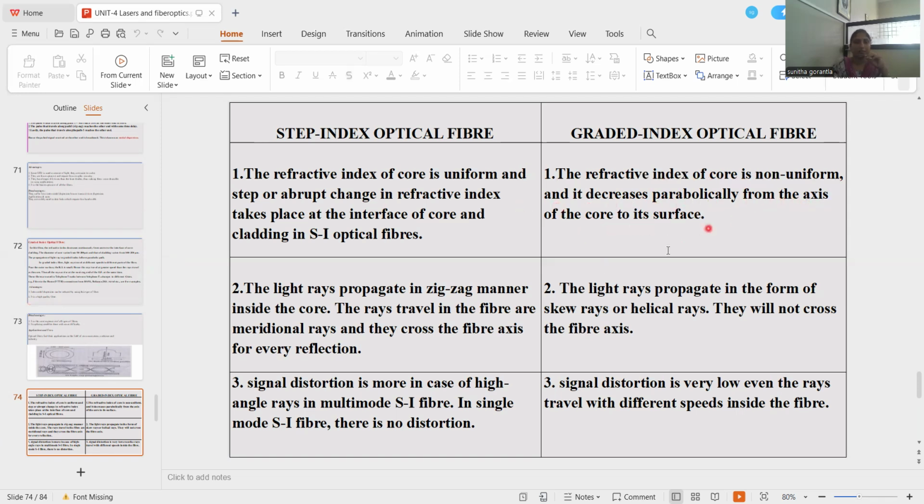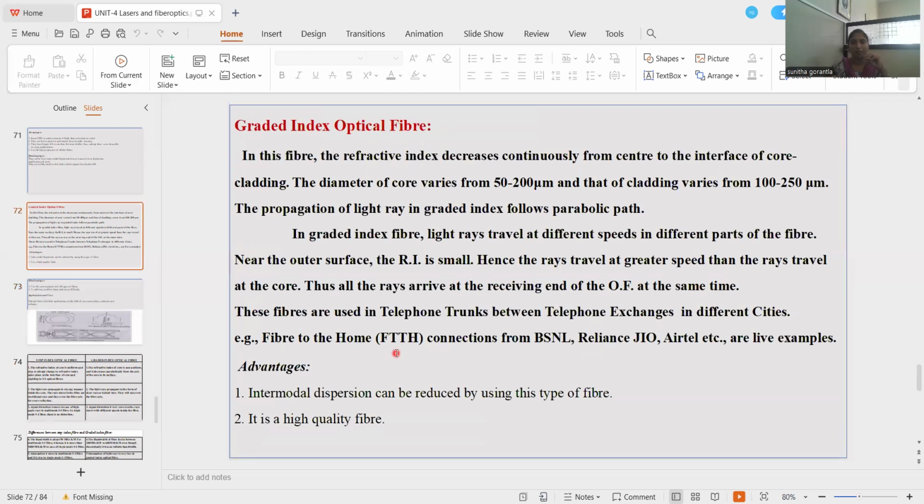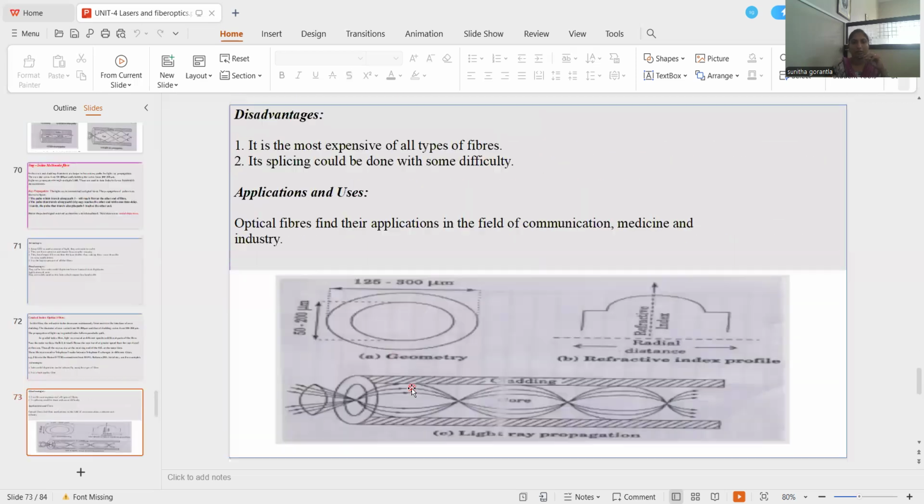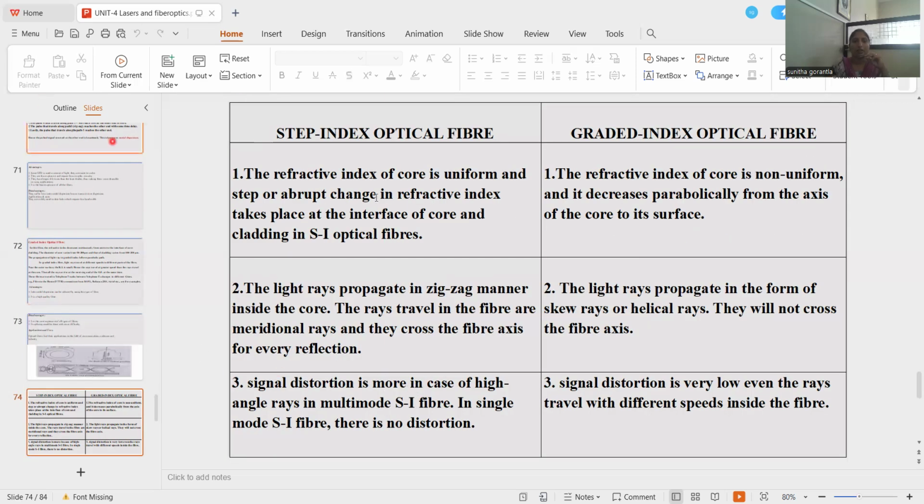Second point: in step index fiber, the light ray propagates in a zigzag manner inside the core. The rays traveling in the fiber are meridional rays, and they cross the fiber axis at every reflection.